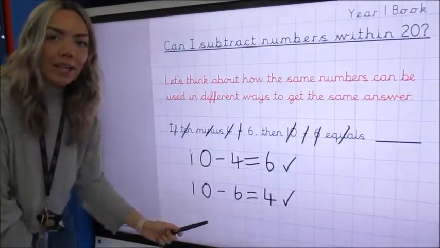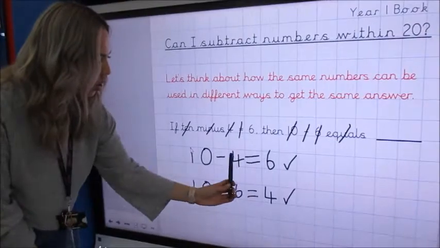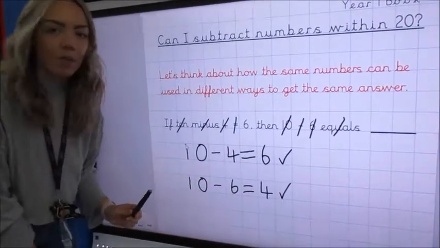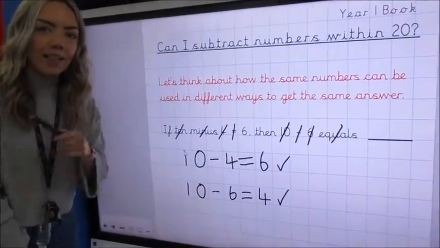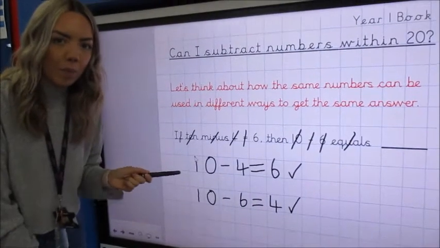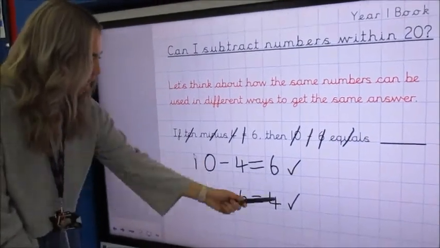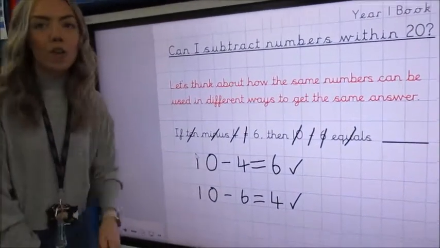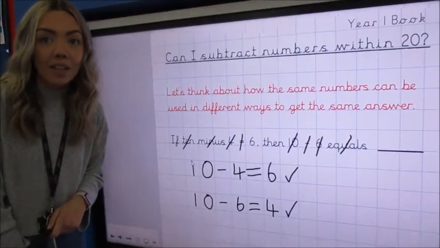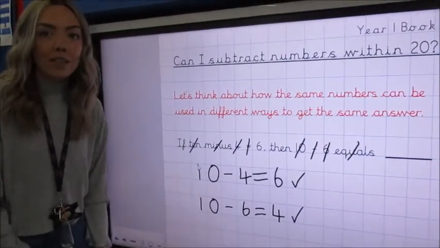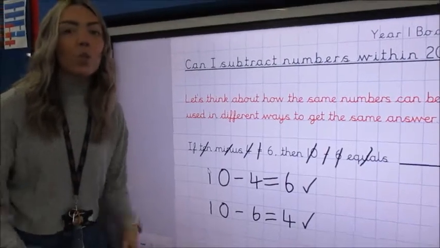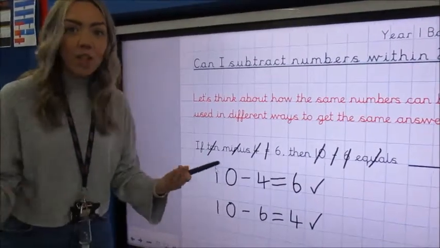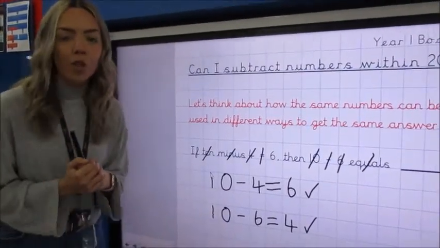It looks trickier than it is, but all we've done is thought about taking away the opposite number in our number sum. And don't forget, this is even easier because these numbers are your number bonds to 10. So you know that 4 and 6 is 10, which must mean that 6 and 4 is 10. It's the same, just the other way around.